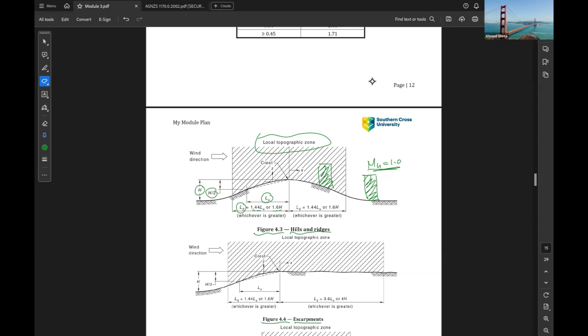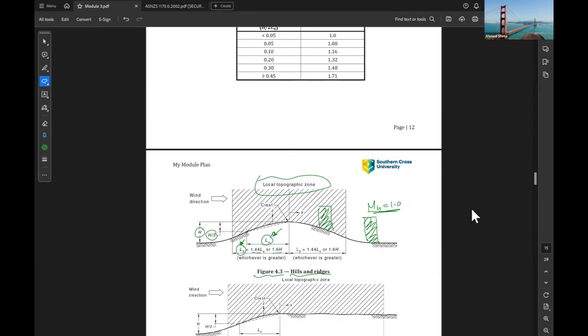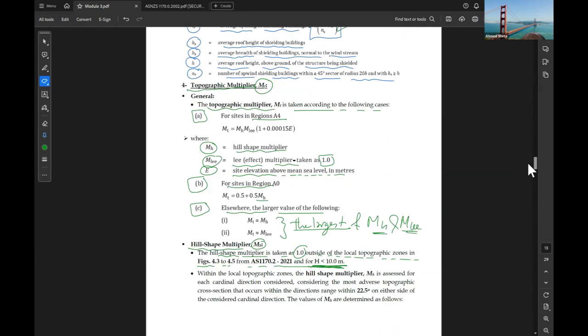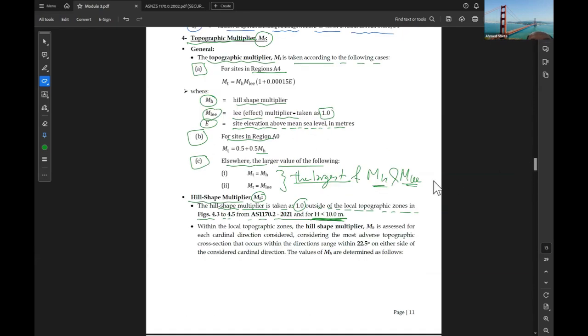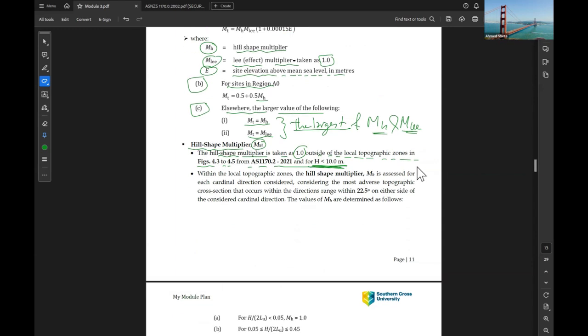So if the building is in this local topographic zone defined by LU and L2, you have to find the value of MT using these two formulas.